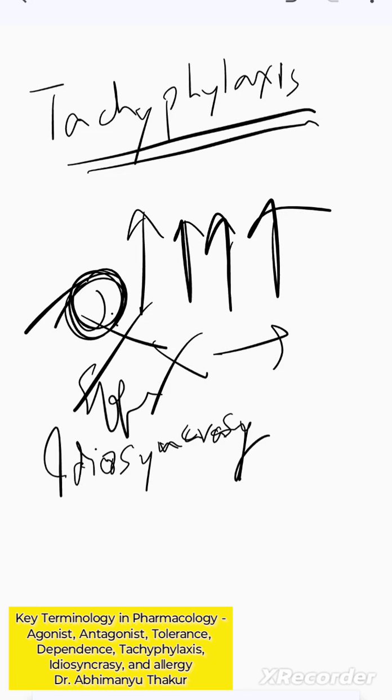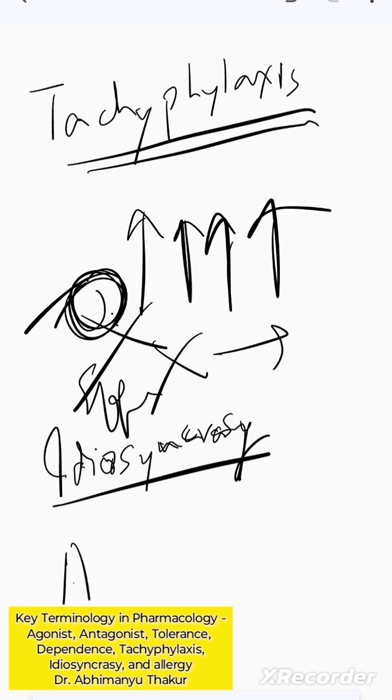For example, with some drugs there are symptoms which are unpredictable, which we did not intend to have. So we have some unusual and unpredictable reaction, and that is referred to as idiosyncrasy. One famous example is primaquine induced hemolysis.